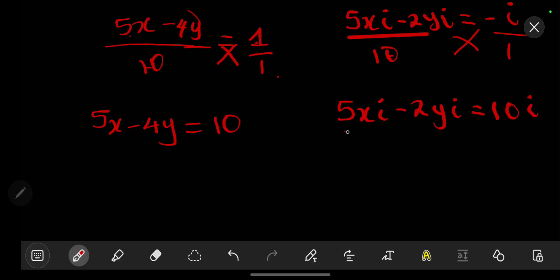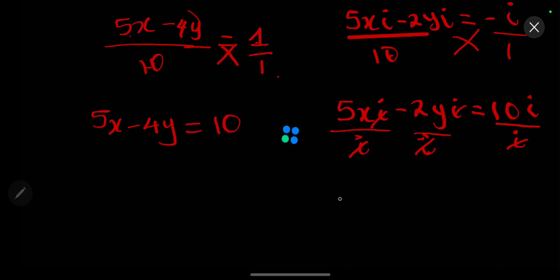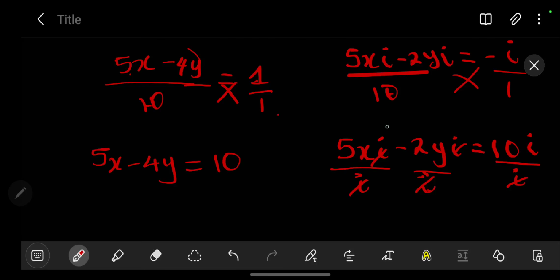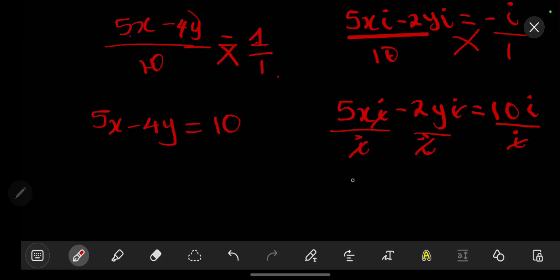From here we are going to divide our i throughout so that we cancel it. So it will cancel, and we are going to have 5x minus 2y should be equal to positive 10.